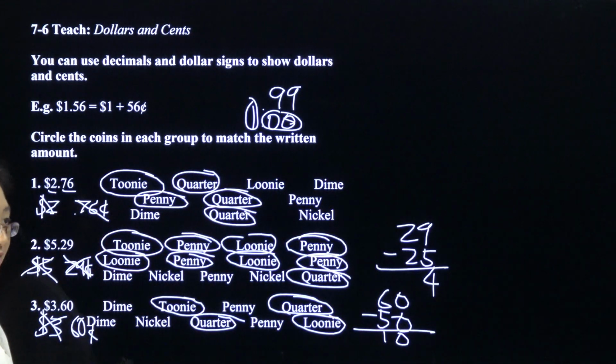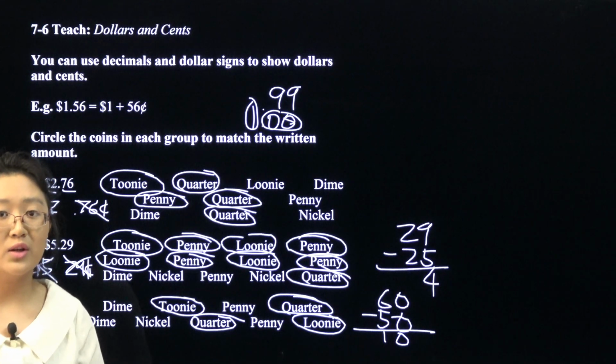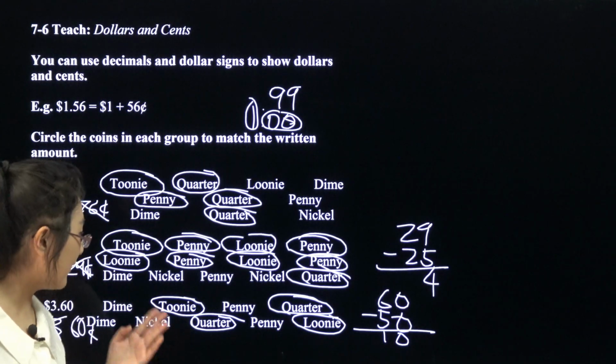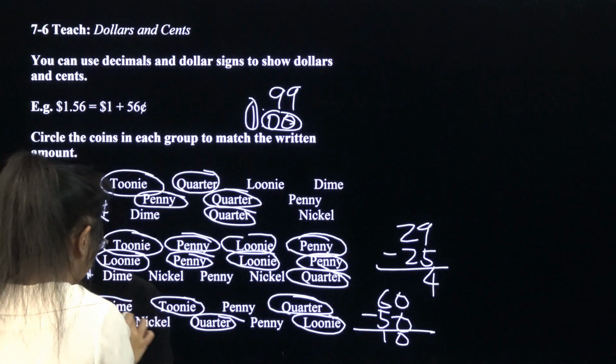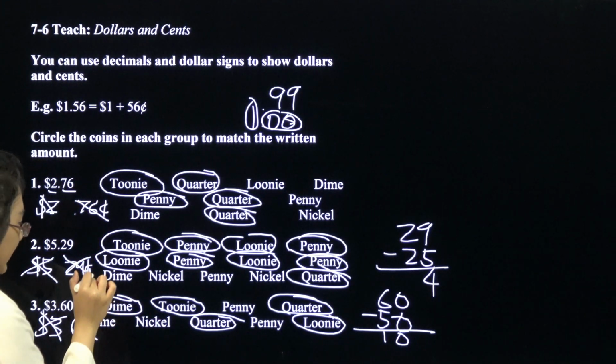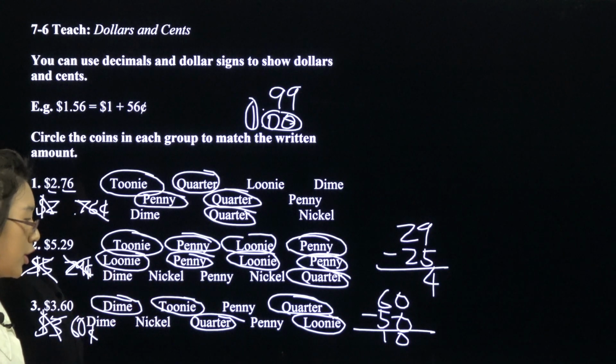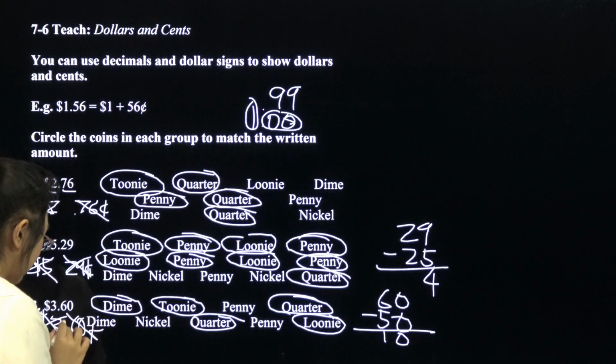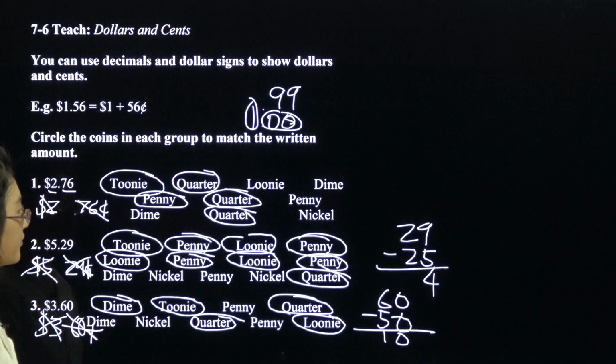So when 60 minus 50 is 10, what coin is equal to 10 cents? A dime. Do we have a dime? Yes, we have 2 dimes, in fact, but we only need 1. And with a dime, a quarter, and another quarter, we get the 60 cents down.